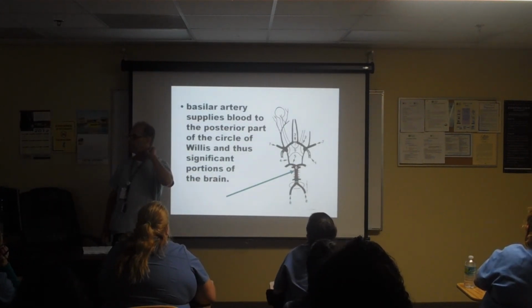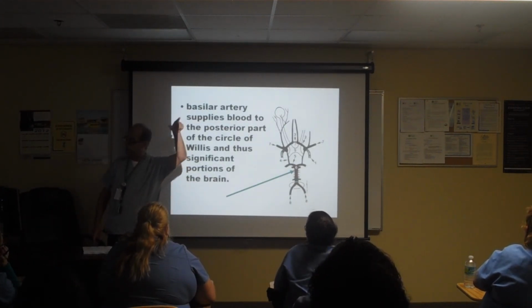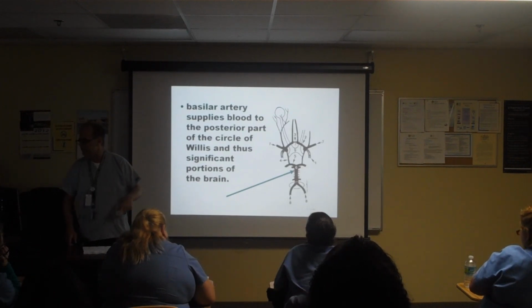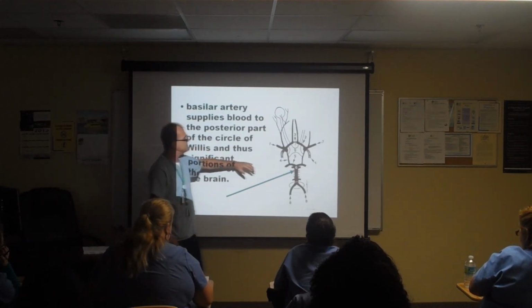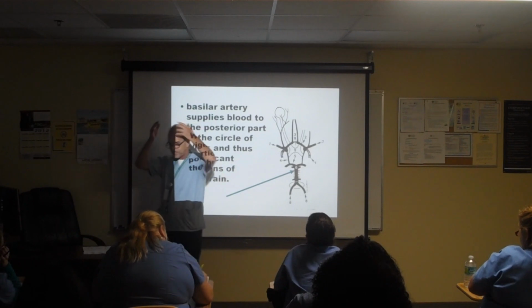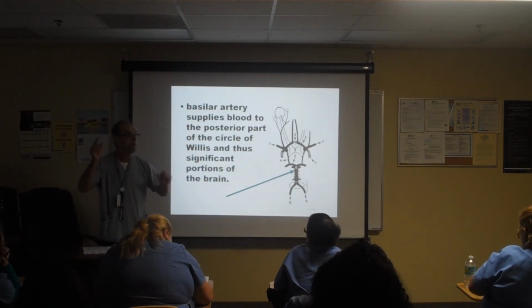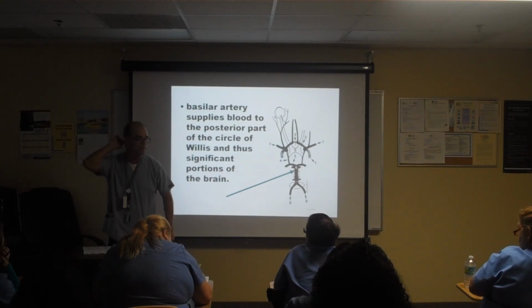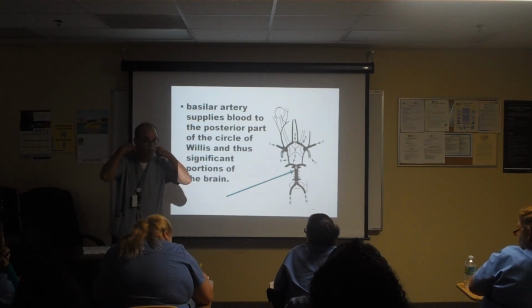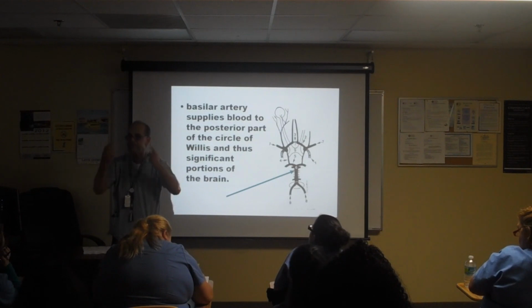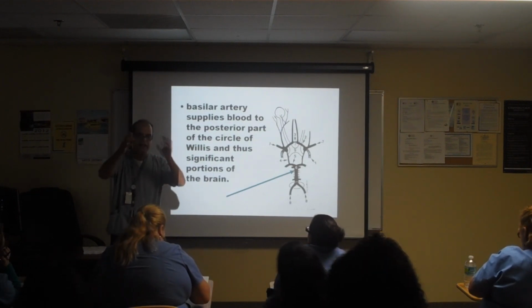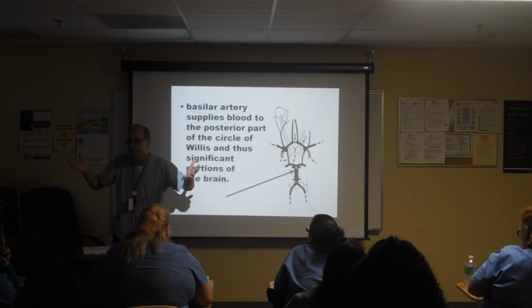The basilar artery supplies blood to the posterior part of the circle of Willis, and thus a significant portion of the brain. In general, the basilar artery supplies the posterior part of the brain. Remember, vision is in the occipital lobe, and when you have ischemia or a problem in this artery, it's logical that you have a problem in your vision.